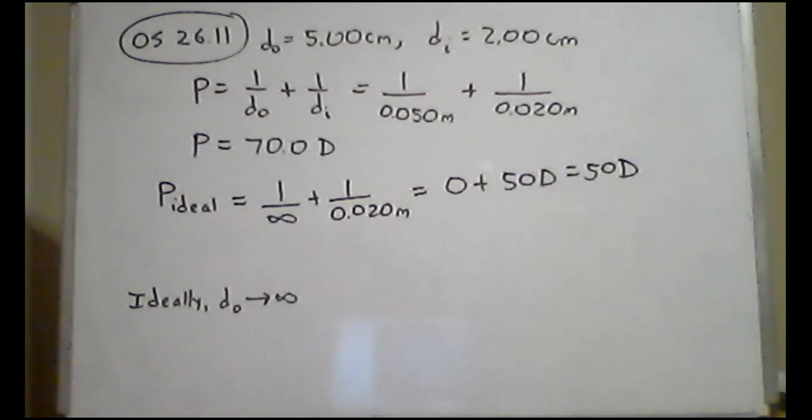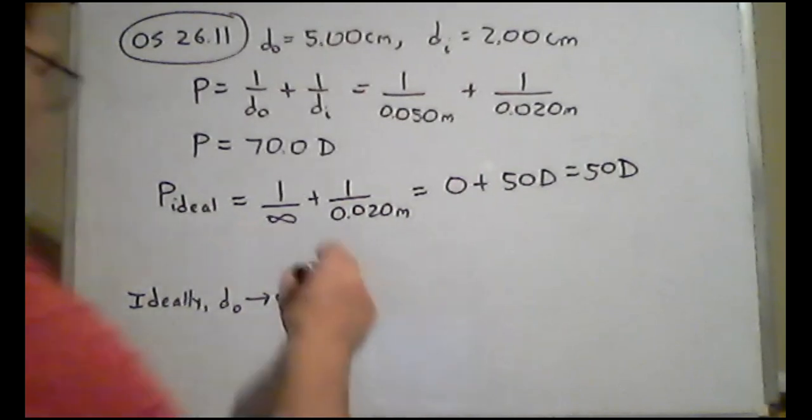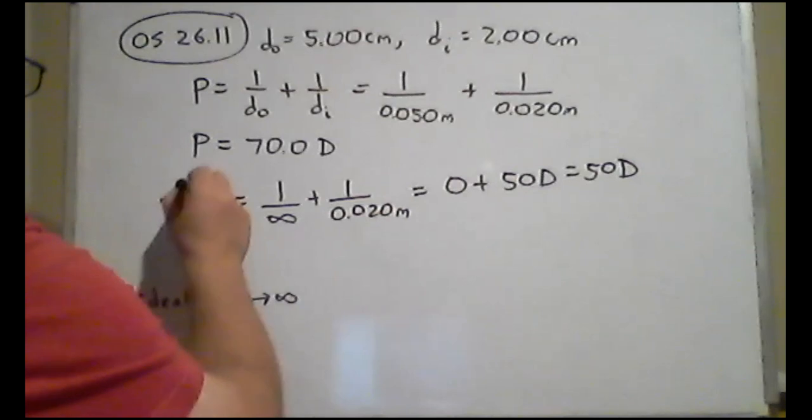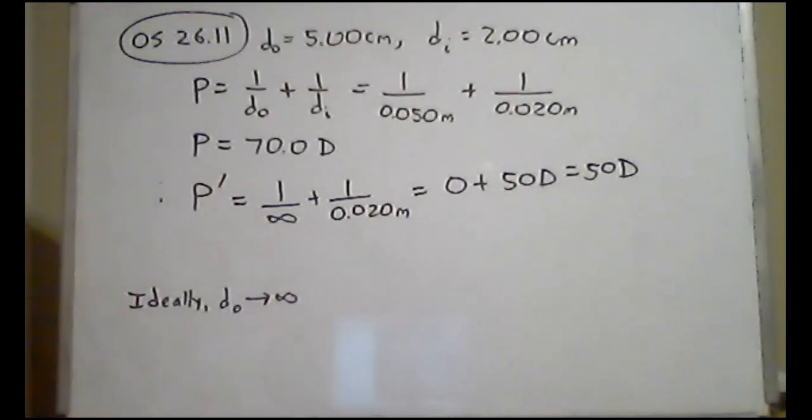So essentially, we want to get to P prime, we'll call this P prime for ideal, 50 diopters. So how much do I need to reduce?